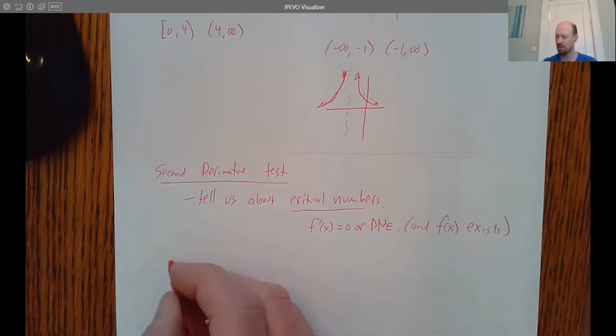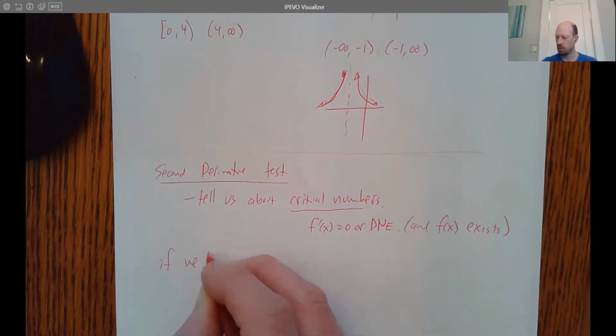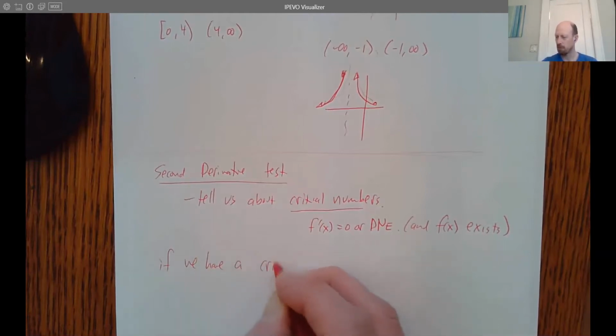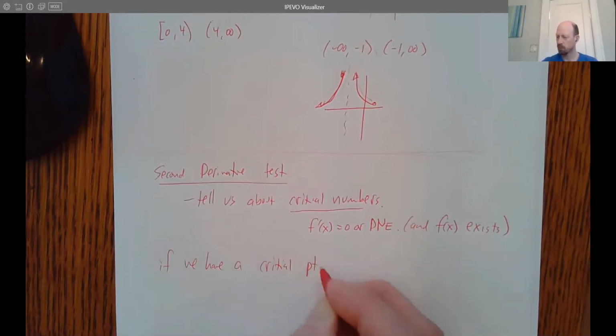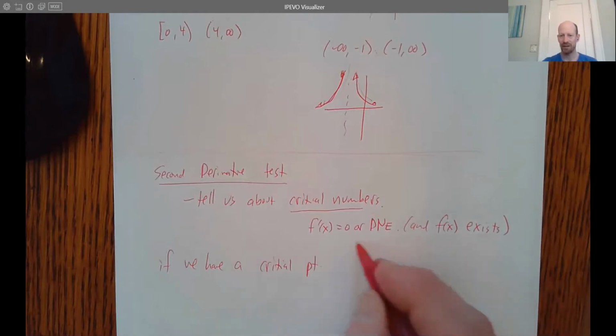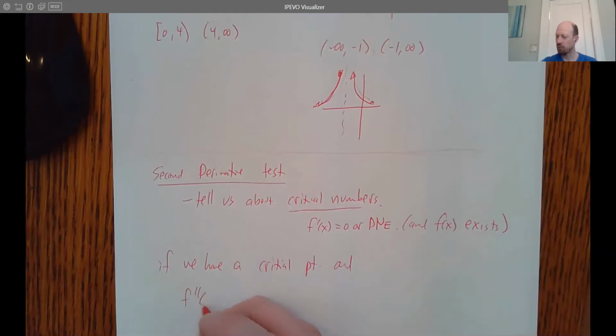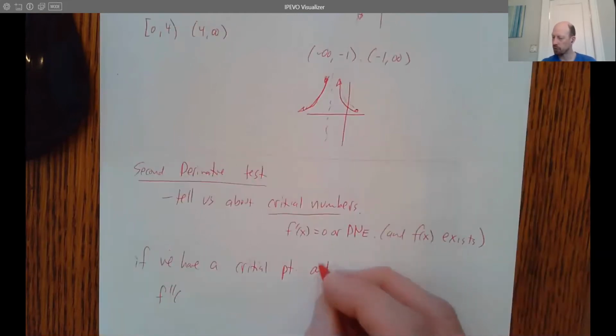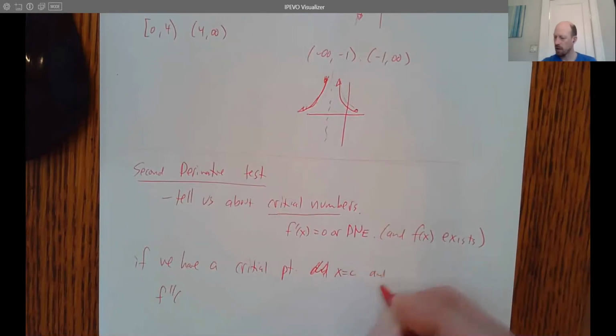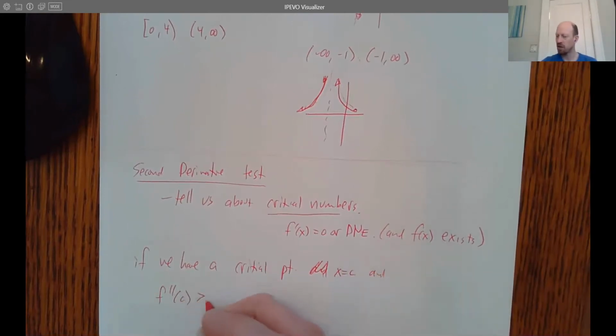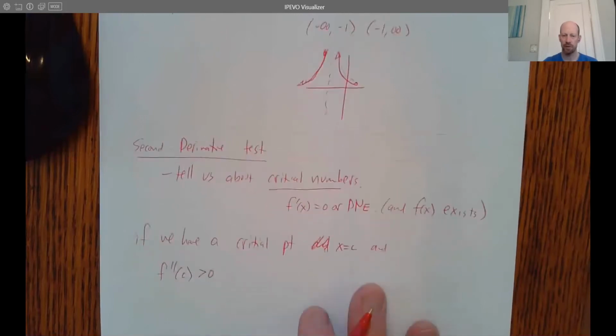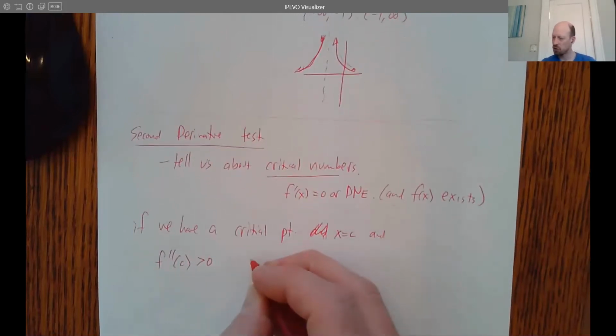And what it says is, if we have a critical point, I defined it here, so I won't do it again, right? If we have a critical point, let me call that critical point x equals c, and f double prime of c is positive, that tells me at the critical point that the second derivative is positive.